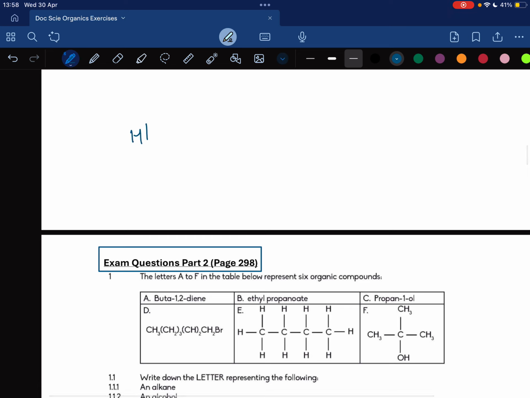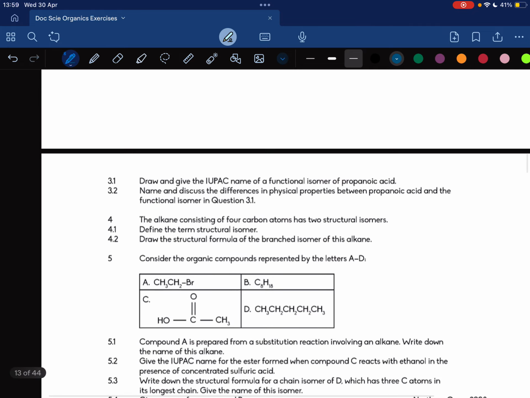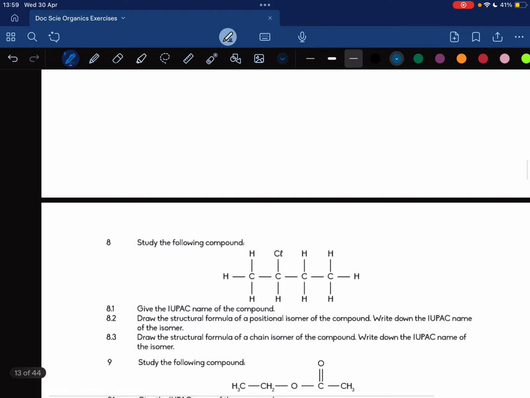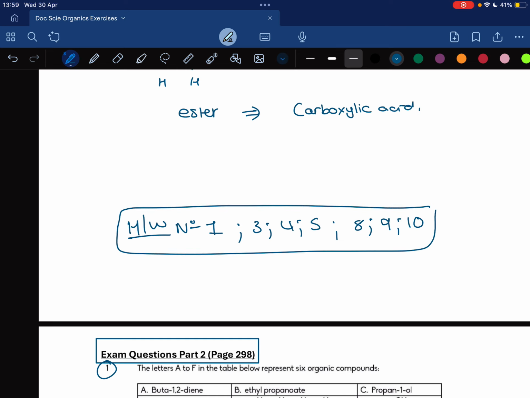It's going to be from the structured questions again: number 1, number 3, 4, and 5, and I think 8, 9, and 10. But again, like I said in the previous video, check Google Classroom to make sure that you've done all the homework that I've specified there.